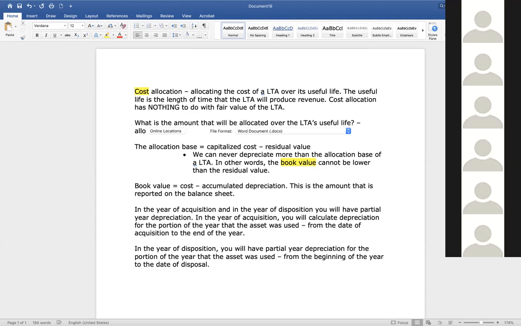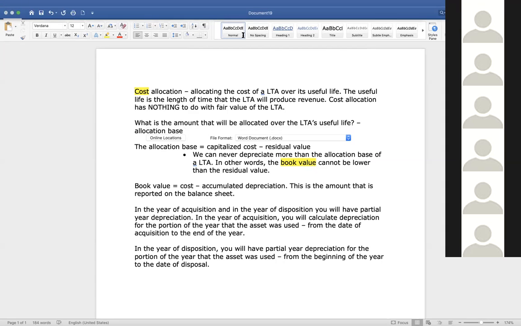Well, they ended up producing more than 140,000 units. So the only amount of depreciation that they could take in year 5 was 24,000 because of that rule that we cannot depreciate more than the allocation base. In other words, the book value cannot be lower than the residual value. Okay?